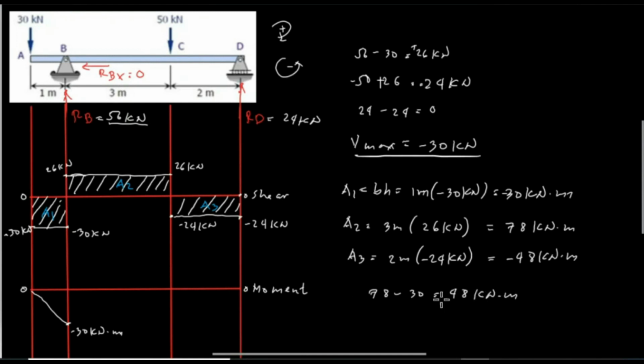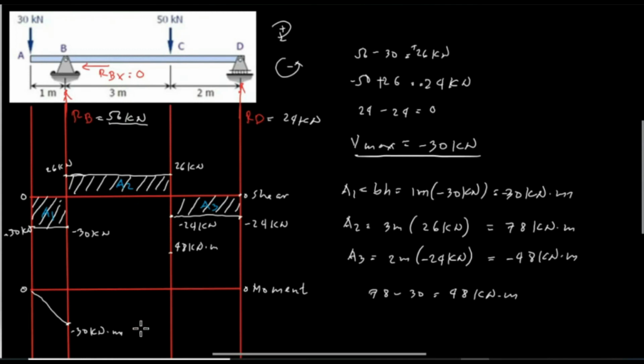And the value of 48 kilonewton meter, positive, is at point C. So this is the point. And we have no load, so the next line is a diagonal from B to C.